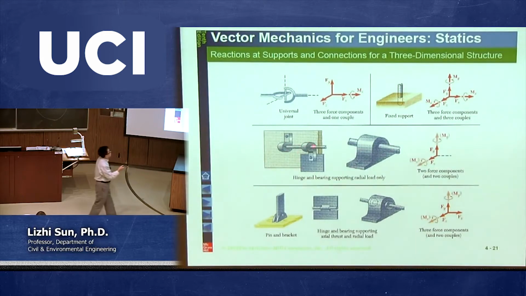These are the cases, basically you can see, for example, like a hinge and bearing support, radial load only. For example, like this, at this one, it's not allowed to move in this direction, and it's not allowed to move in this direction either, unless you can break this rigid body, right? But it's free to move in this direction. So that's why this case or this case, the same thing.